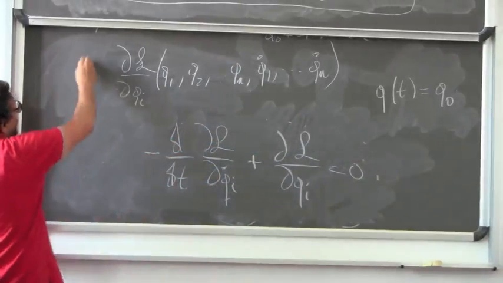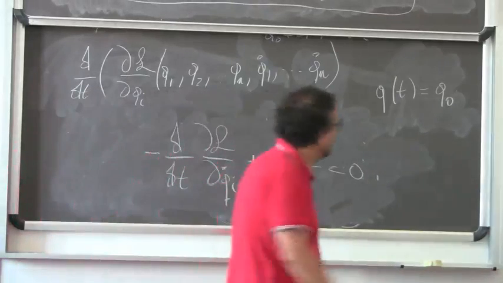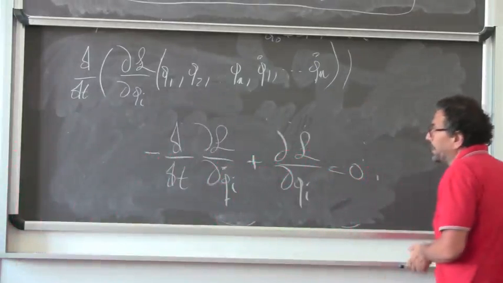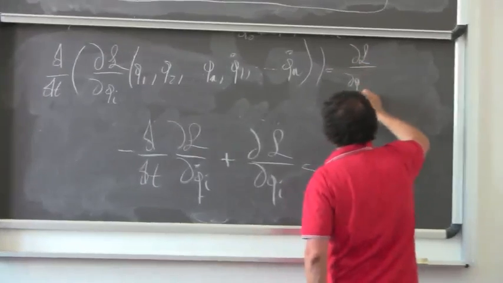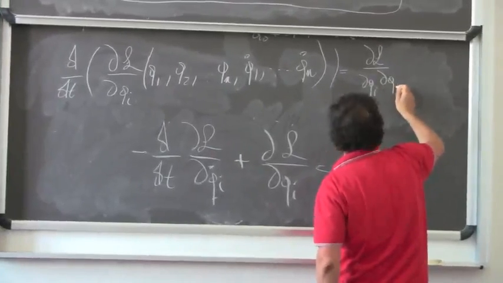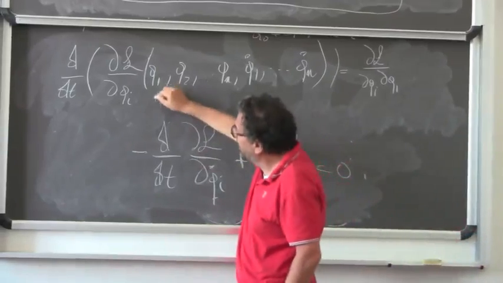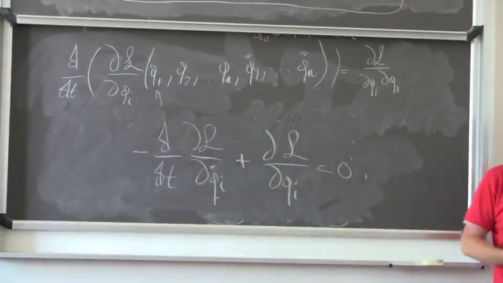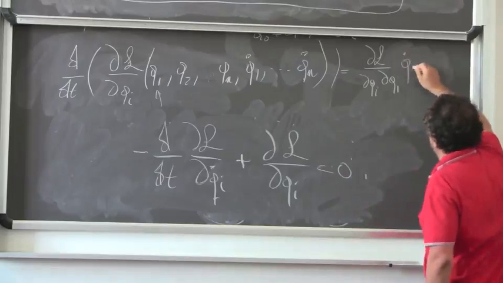When I try to calculate this derivative with respect to time, what do I have to do? I have to calculate the derivative of dL over dq_i with respect to the first variable, q1. Then I have to calculate the derivative with respect to time of the function q1, so here I have q dot 1.